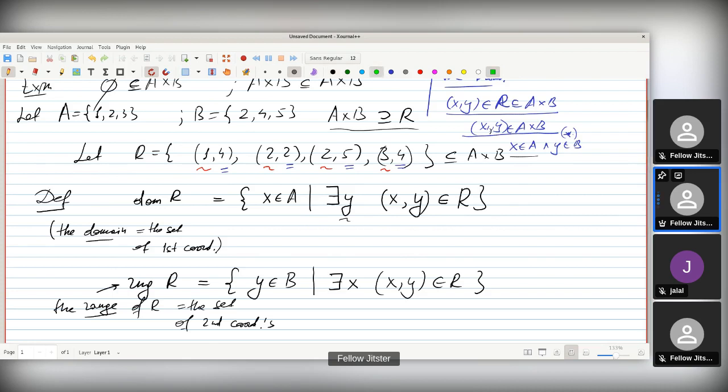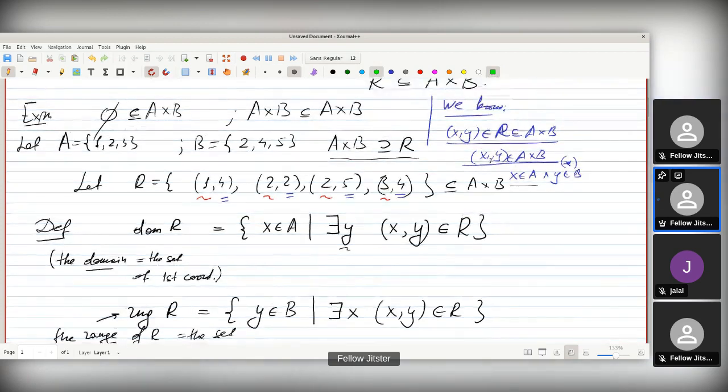And if we come back to our example, what is the domain of this particular R? What is the domain here? The set of all first coordinates. 1, 2 and 3. Exactly. Every such number belongs to the domain.